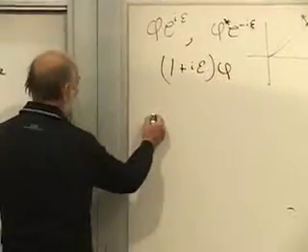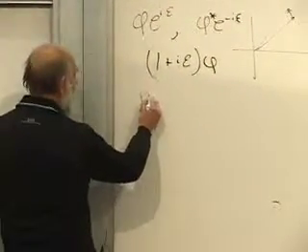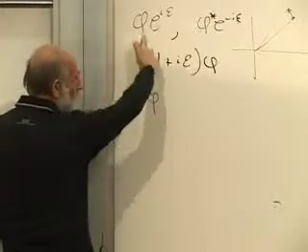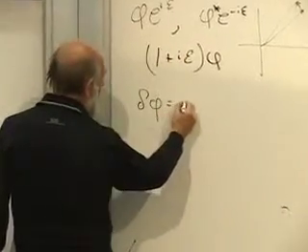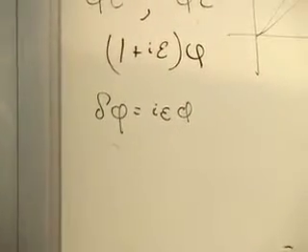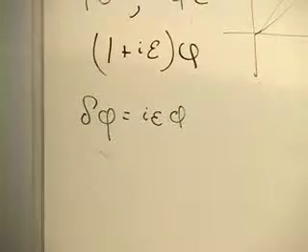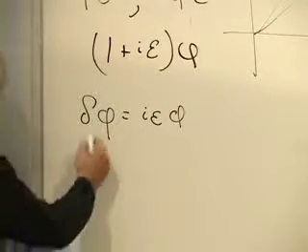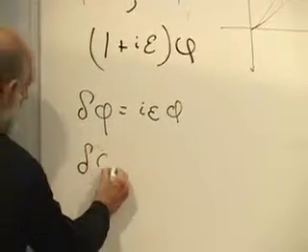In other words, you can write that the change in phi under this kind of transformation is I epsilon times phi. Right. What is the change in phi star?